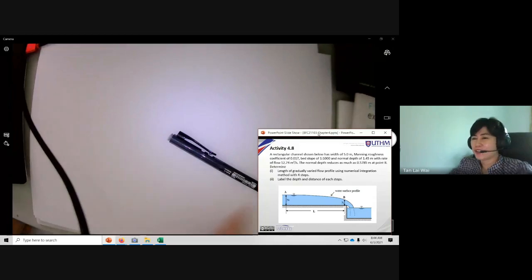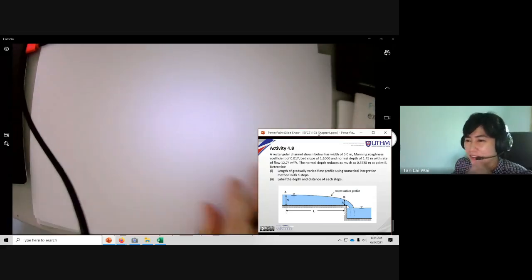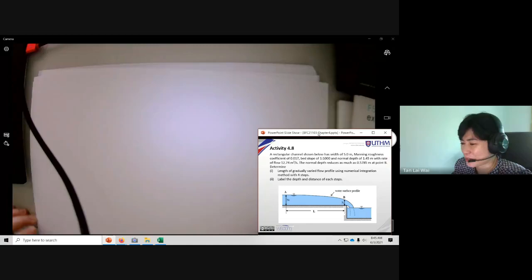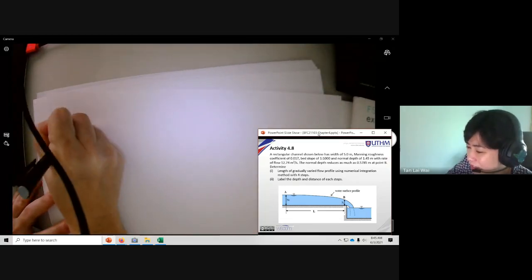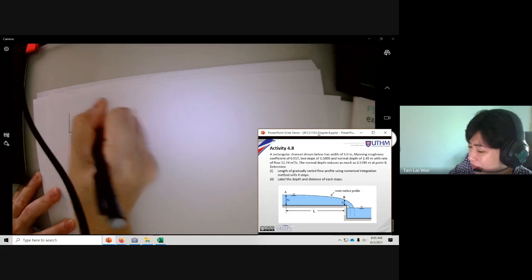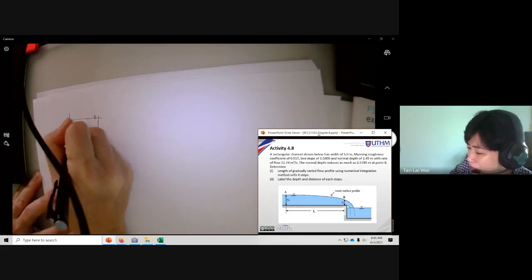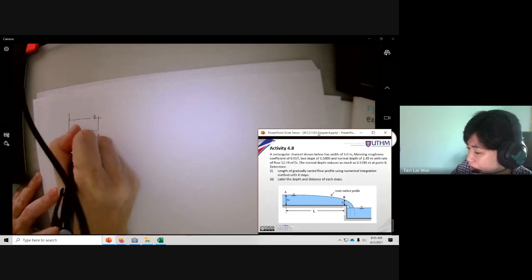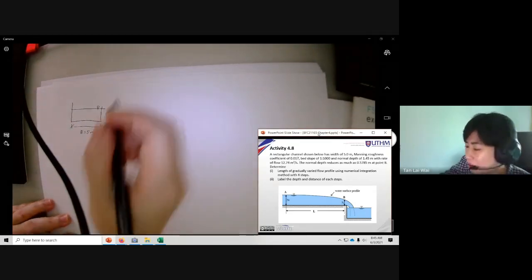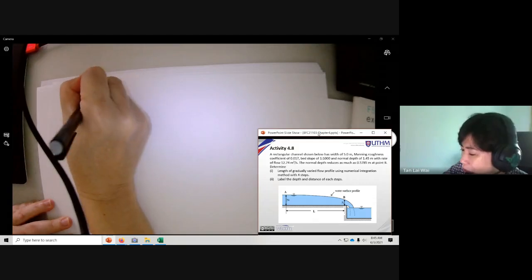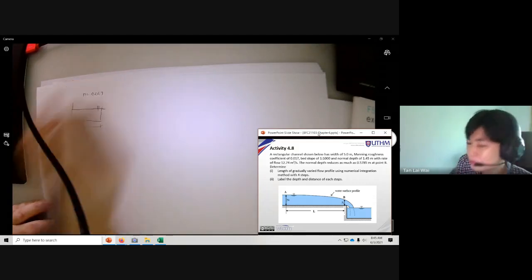You have a rectangular channel with a width of 5 meter. Manning roughness n is 0.017.